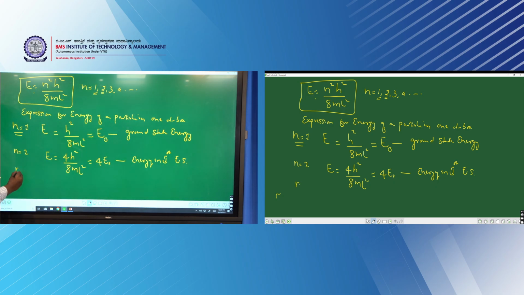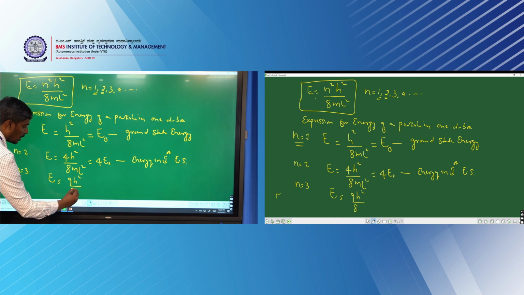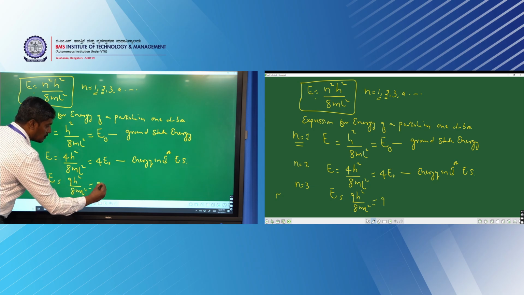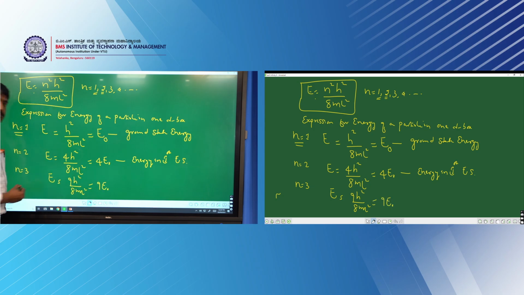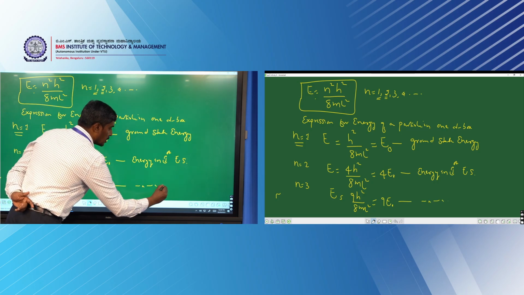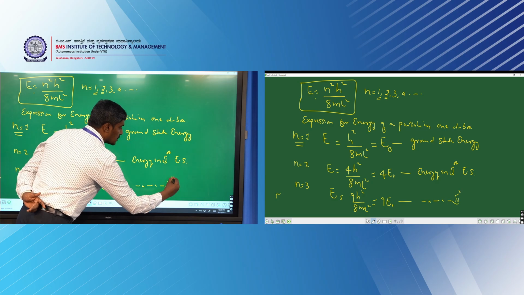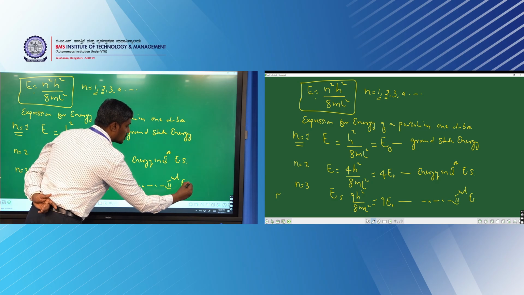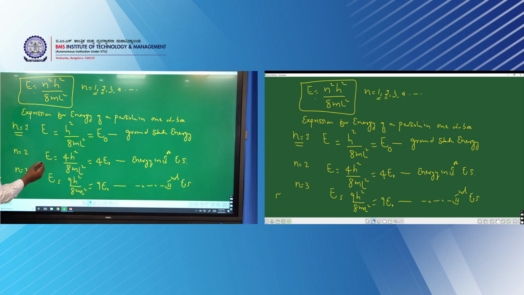Similarly, if I put n is equal to 3, I will get E is equal to 9 h square by 8 m L square, which I can write as 9 times E naught. This is called the energy in the second excited state. So this is called E1, this is called E2.